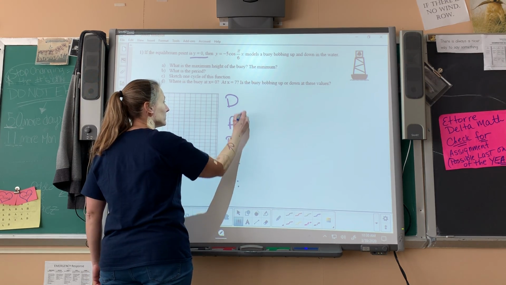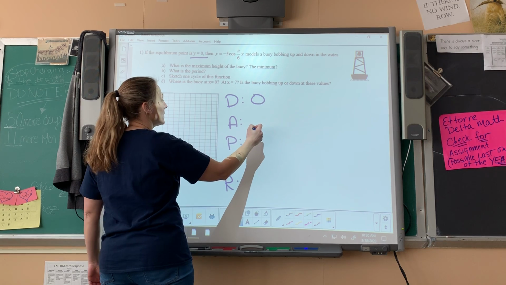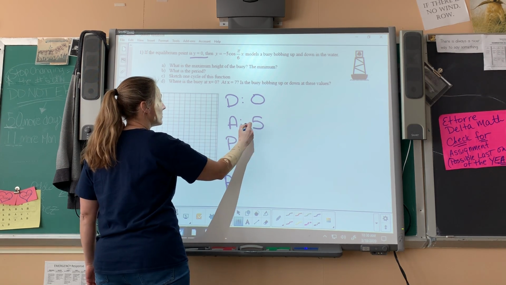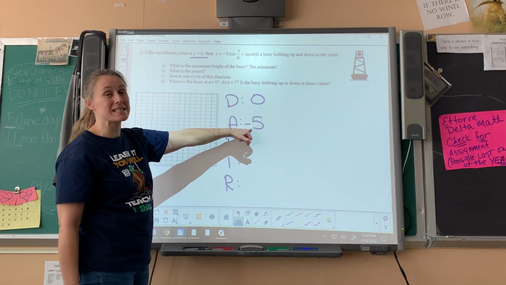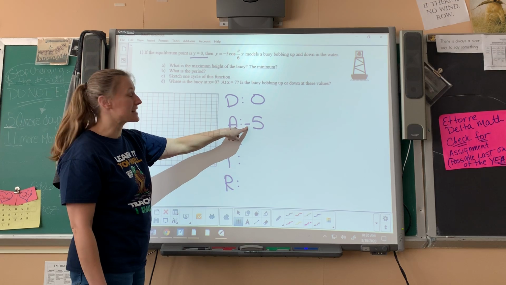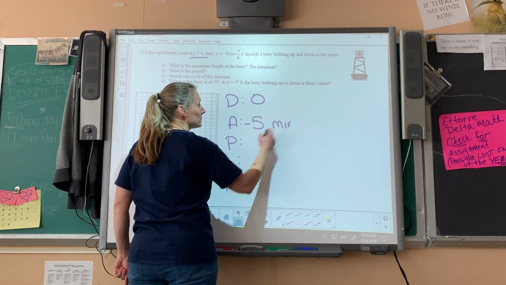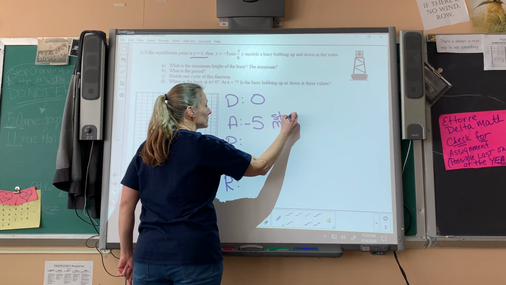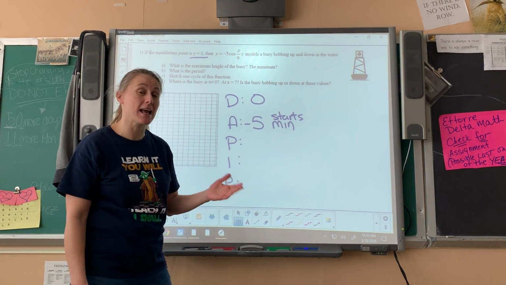is our midline. Okay, so we already talked about the D is 0, A is 5. A is actually -5, so since this is cosine, we know since it's -5, this is A, not the amplitude, it's A. Okay, since it's -5, it starts at the minimum. Starts at the min, because cosine, if A is negative, starts at the min.